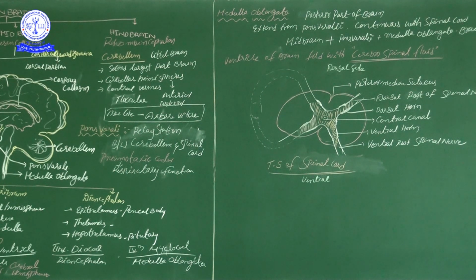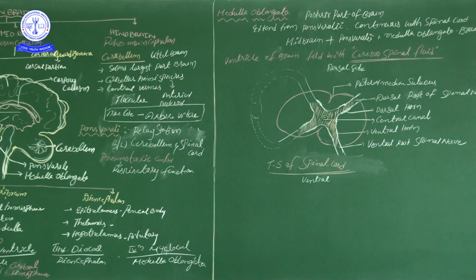Now, during the bone explanation, the cranium part, the occipital bone has one hole, which we called the foramen magnum. Along with the foramen magnum hole, the spinal cord and medulla oblongata come out and go through the vertebrae.